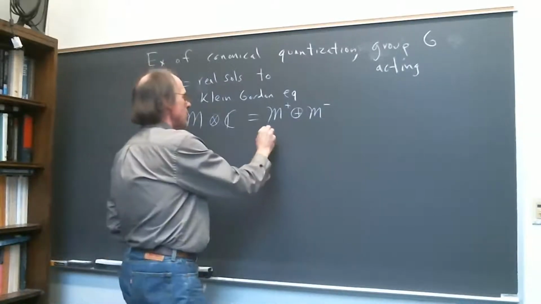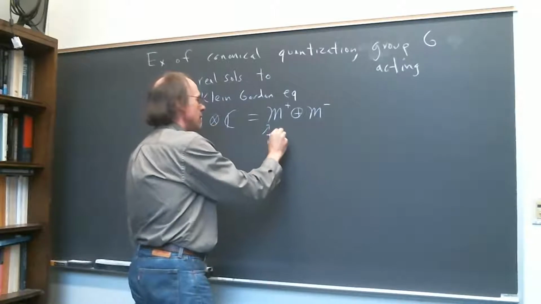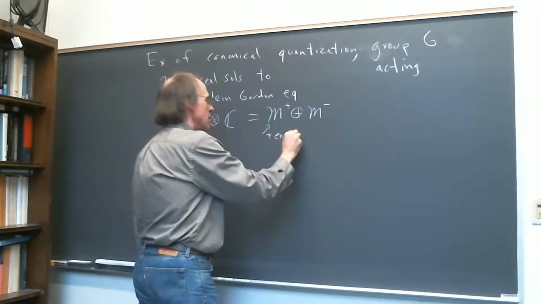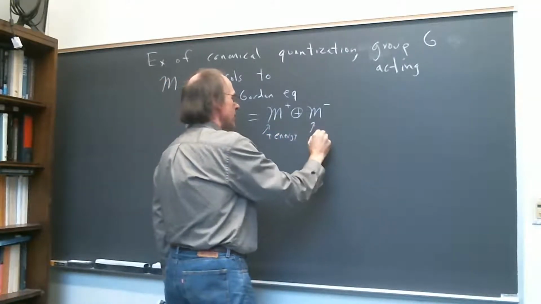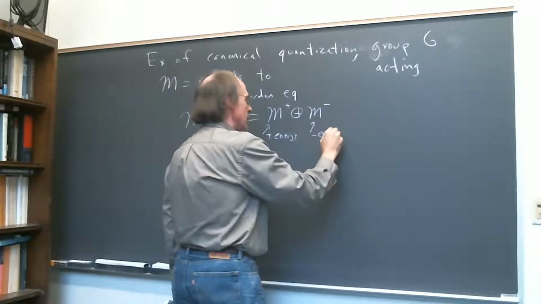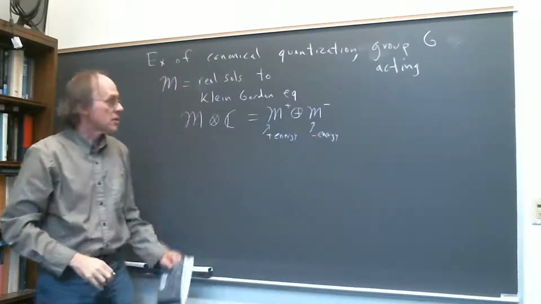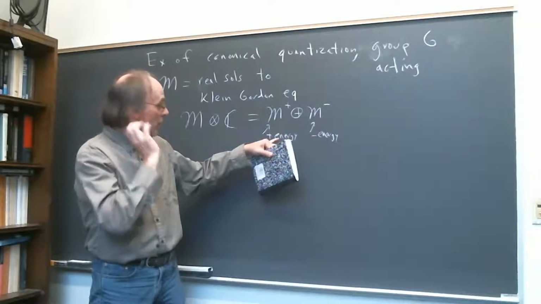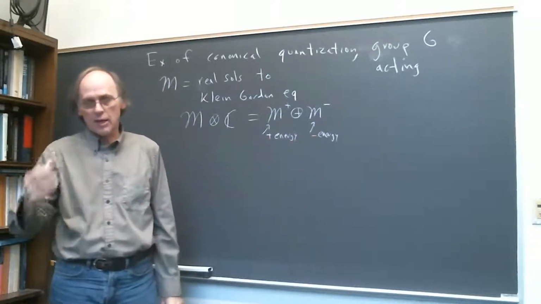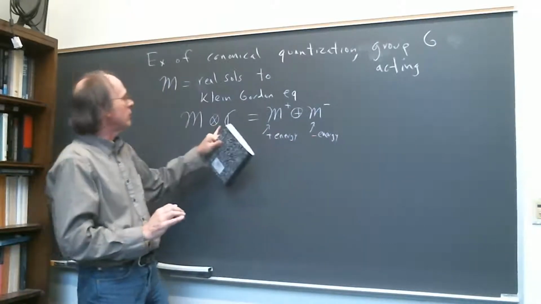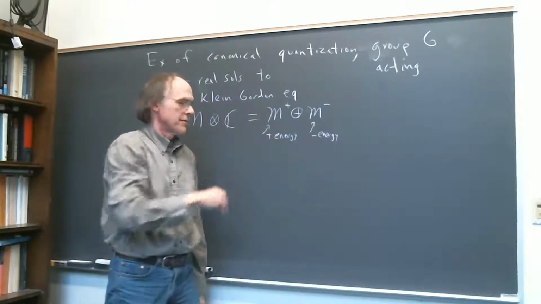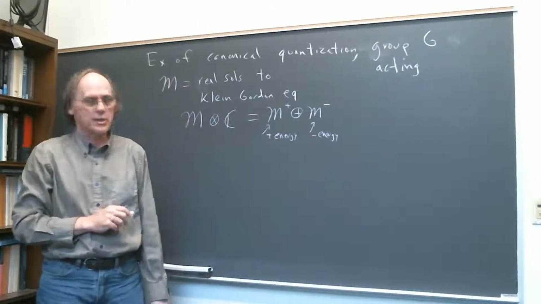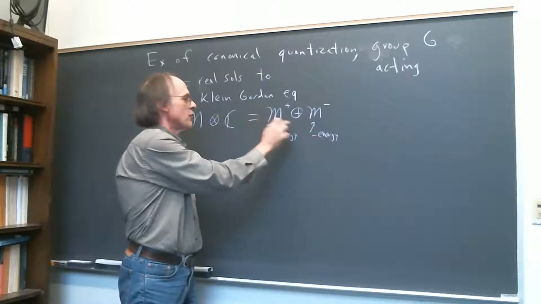So these are the things with positive energy, and these are the things with negative energy. The energies are the eigenvalues of the time translation. You find the positive ones and negative ones.